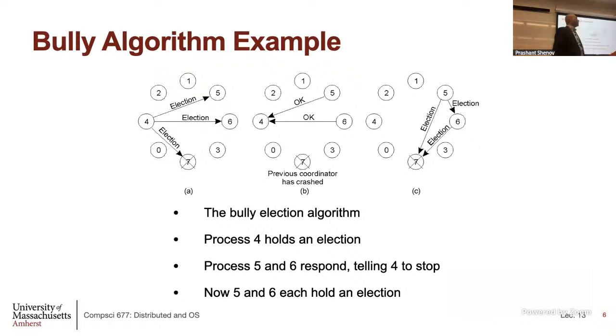You're saying if node 4 knows which processes are alive, is that your question? Okay, question is, why is 4 probing all higher ID processes? Why is it not sending a message to 6 and waiting? So the point is that you don't know which processes are alive or not. 4 might only have heard from the coordinator.